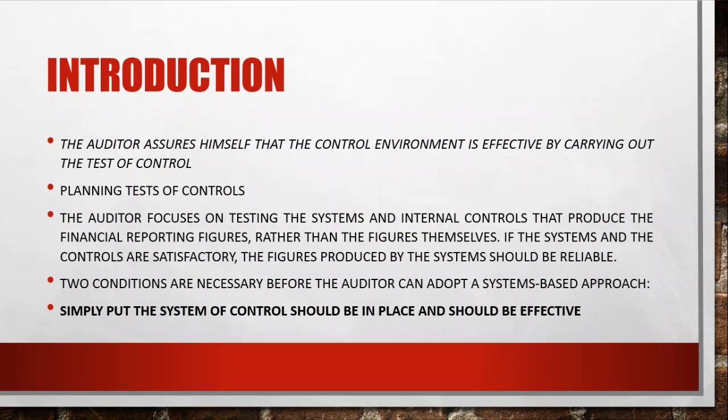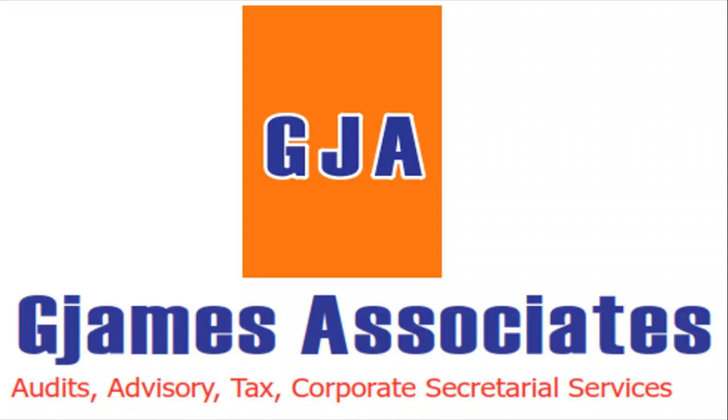A system-based audit approach is based on internal processes. What are the two conditions? The system of control must be in place, first of all, and it's not good enough that it's in place. The system of control must be working effectively.